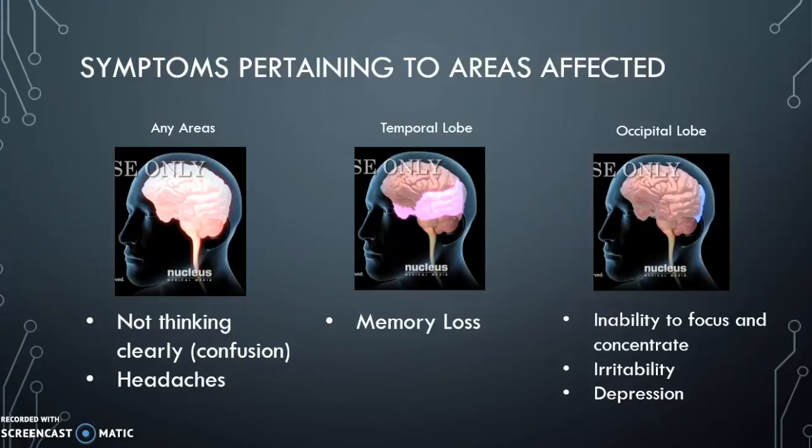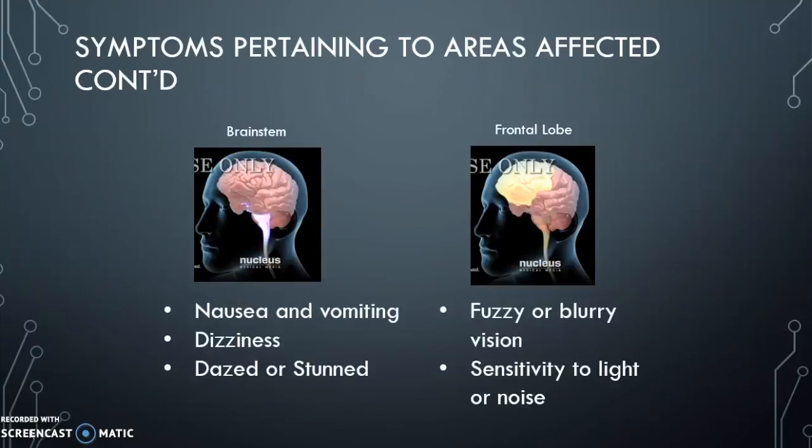If the temporal lobe is affected, memory loss will most likely occur. Irritability, depression, and the inability to concentrate will most likely occur if the occipital lobe is affected. If the brainstem is impacted, nausea and vomiting, dizziness, and becoming dazed will most likely occur. Fuzzy or blurry vision and sensitivity to light or noise will most likely occur when the frontal lobe is impacted.